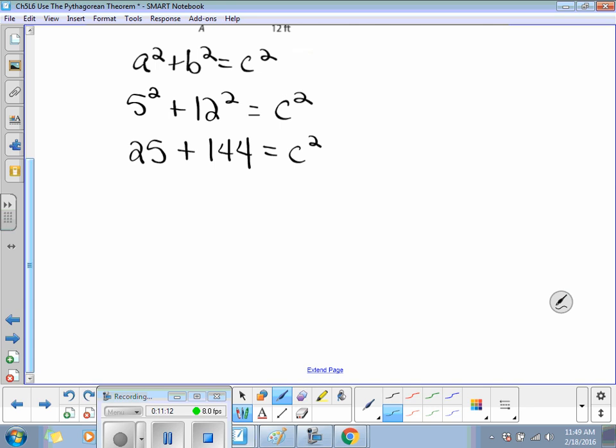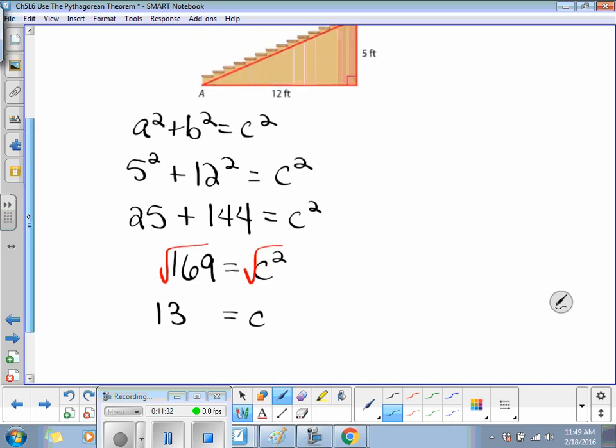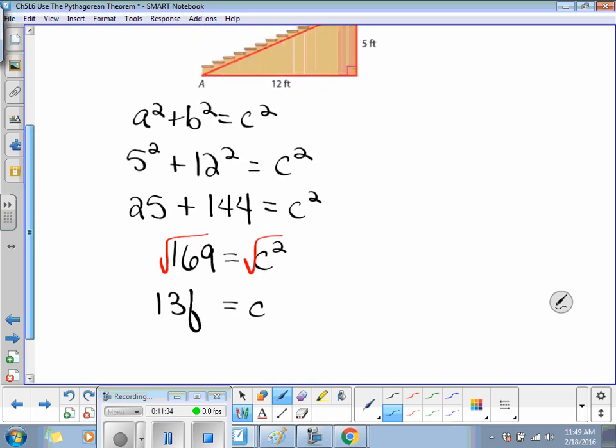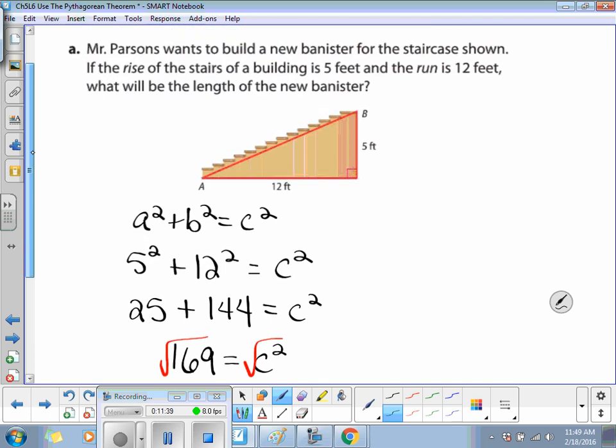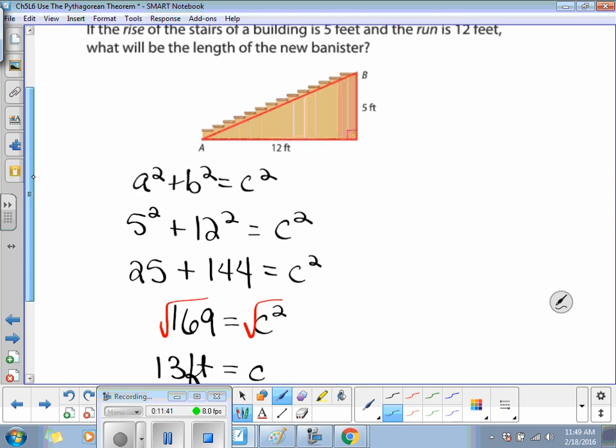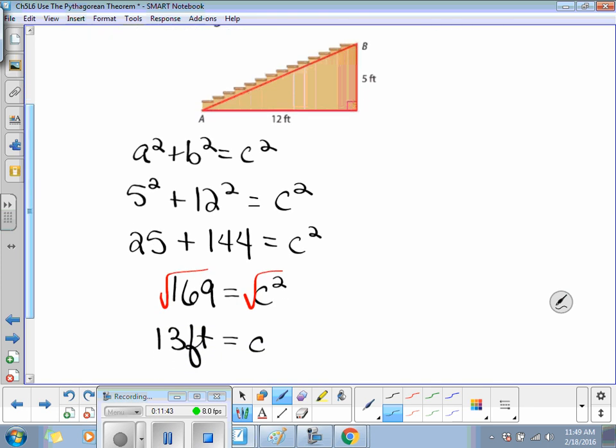So this is going to be 169 is equal to c squared. Now, how do I get c by itself? Very good, very good. So, c then is equal to? 13. 13 what? 13 feet. Very good. So the new banister is going to be 13 feet.